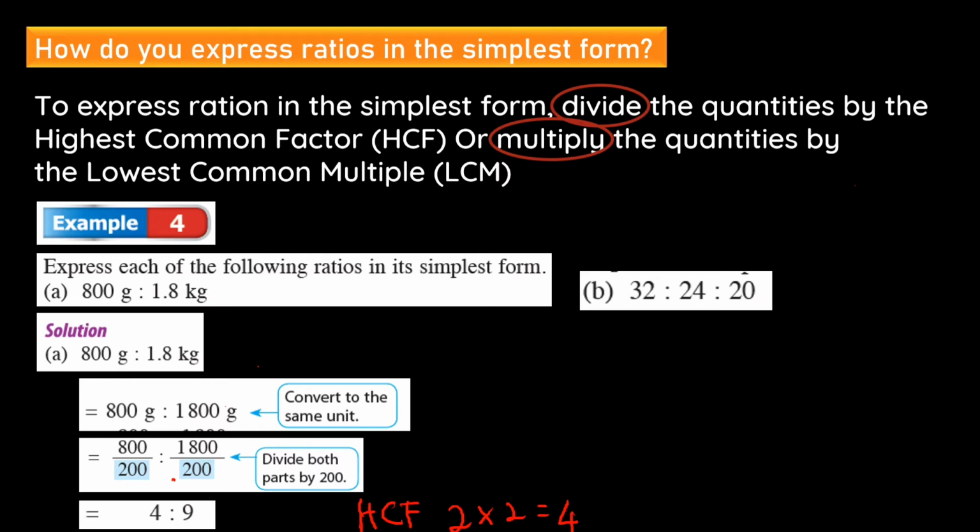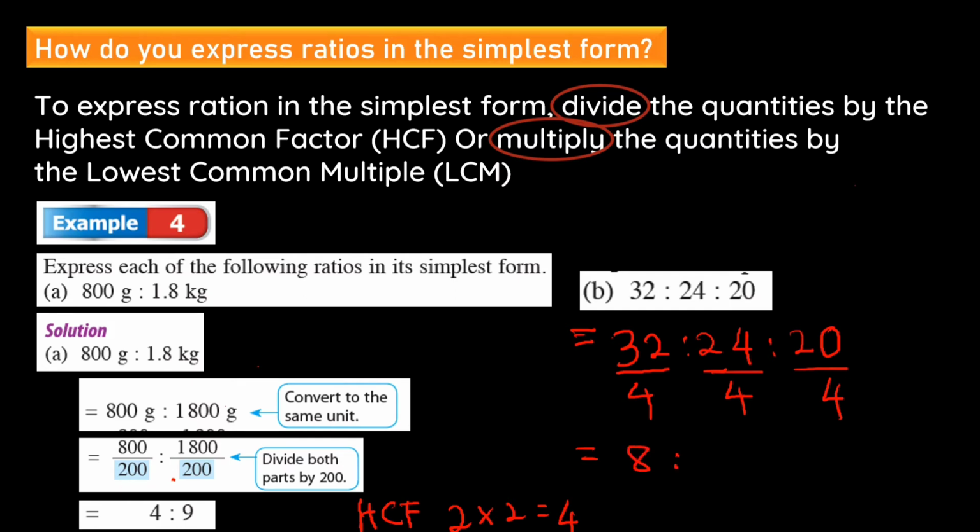Now 32 ratio 24 ratio 20, we need to divide all parts of the ratio by the HCF, which is 4. 32 divided by 4, we get 8.